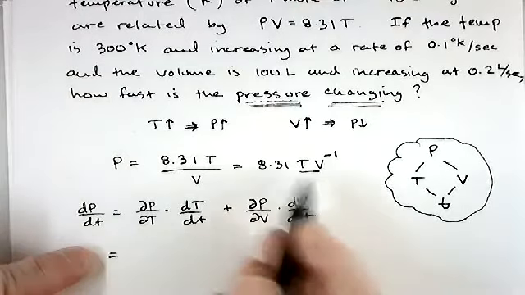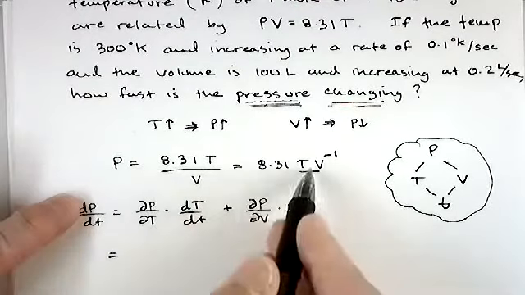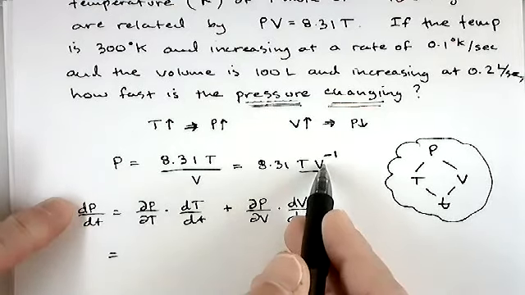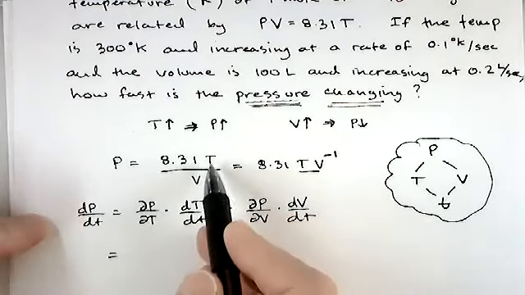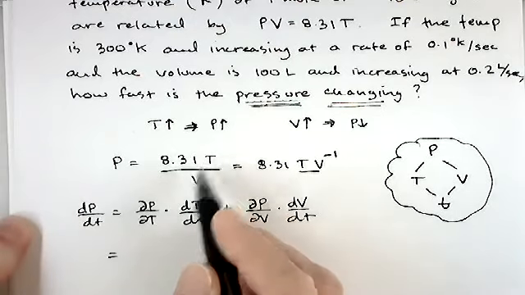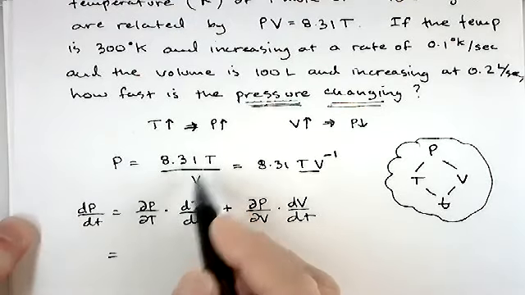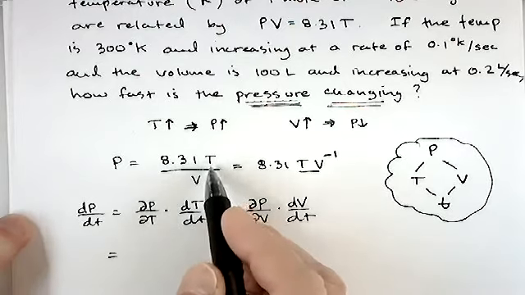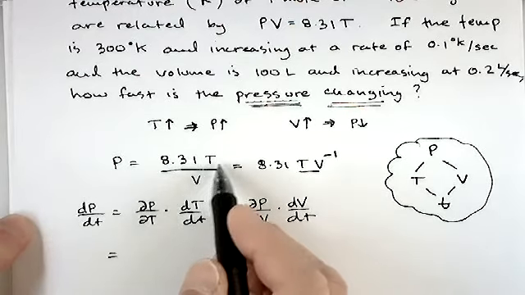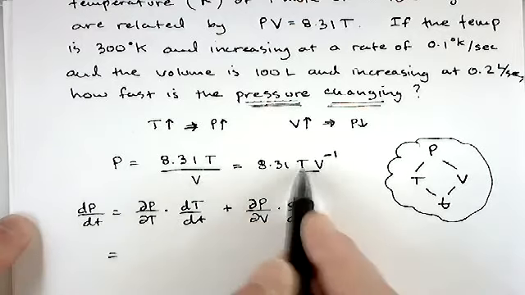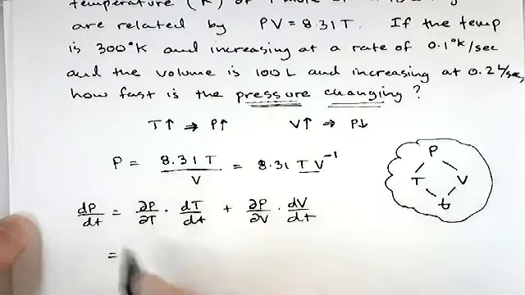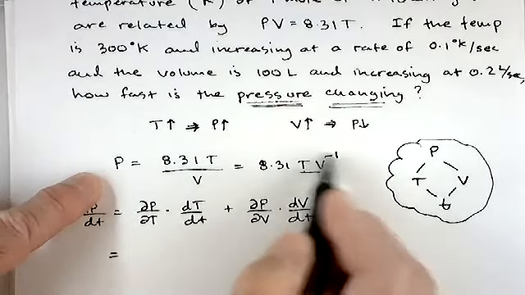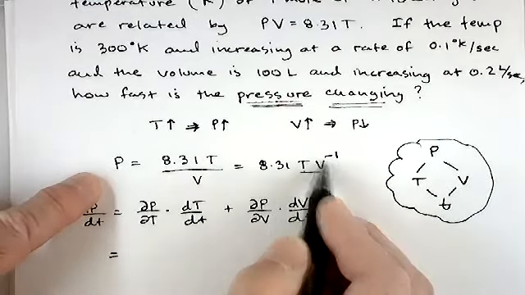All right, let's see what we get. As our first example said, a lot of times with partial derivatives, I really don't want to use the quotient rule unless I absolutely have to. So, the same strategy I did on my first problem: if I'm going to take the partial of P with respect to T and treat V as a constant, then I'm just going to bring this up.